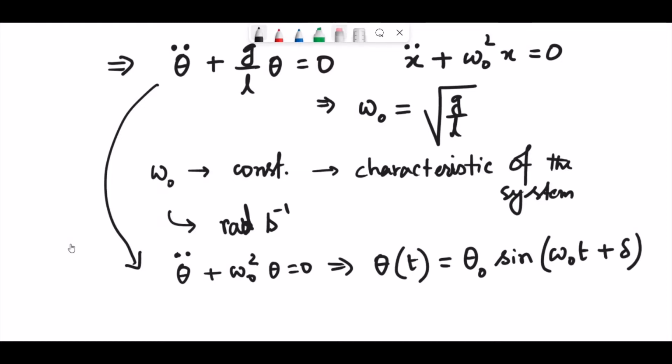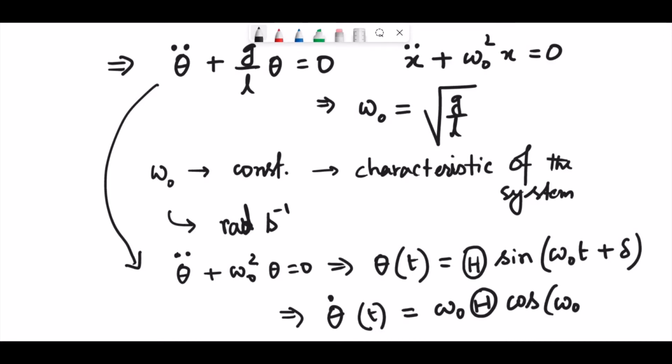Now, in order to avoid confusion, we'll be calling this amplitude capital Theta. And we notice if we differentiate it once, the angular velocity, which is again a function of time, is given by omega naught capital Theta cosine of omega naught t plus delta.